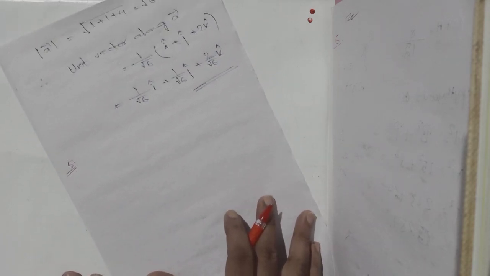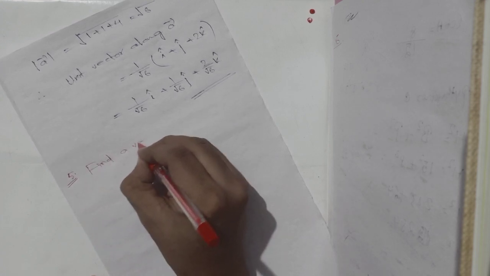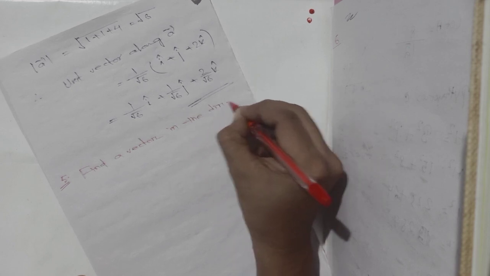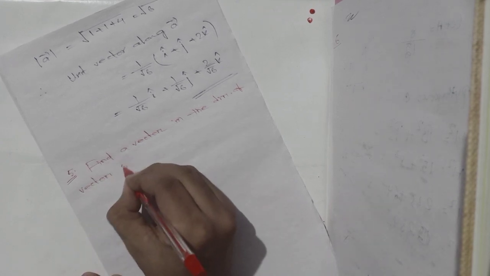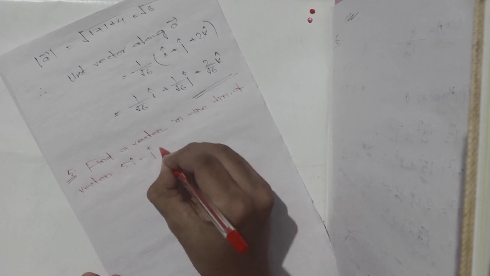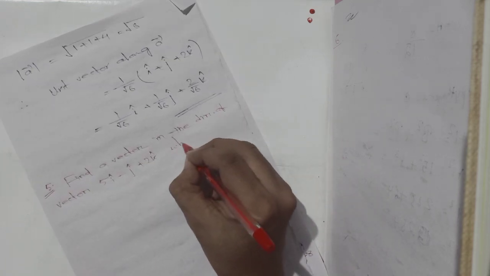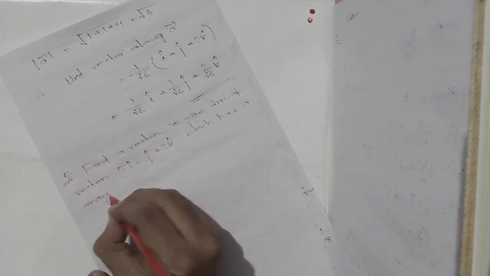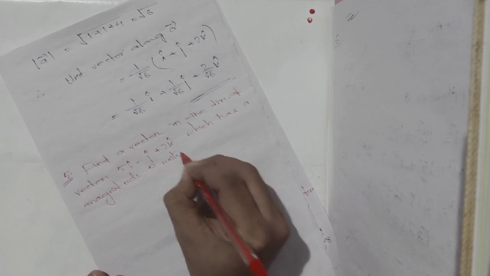Find a vector in the direction of the vector 5 I cap minus j cap plus 2 k cap, which has magnitude 8 units.